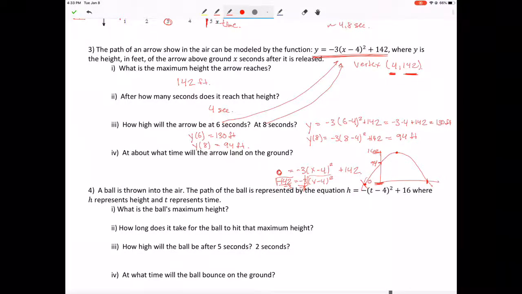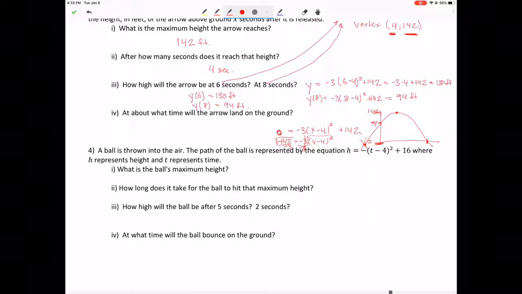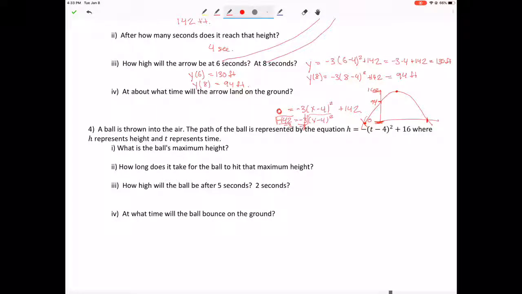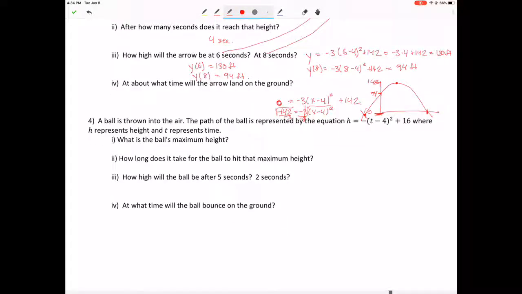If you want me to show you how to do that, let me know, and maybe I'll do it in another one. I just kind of messed this all up, and I don't want to spend too much time. So hopefully you have your graphing calculator for the test, and you won't have to worry about it. If not, that's the way you do it.